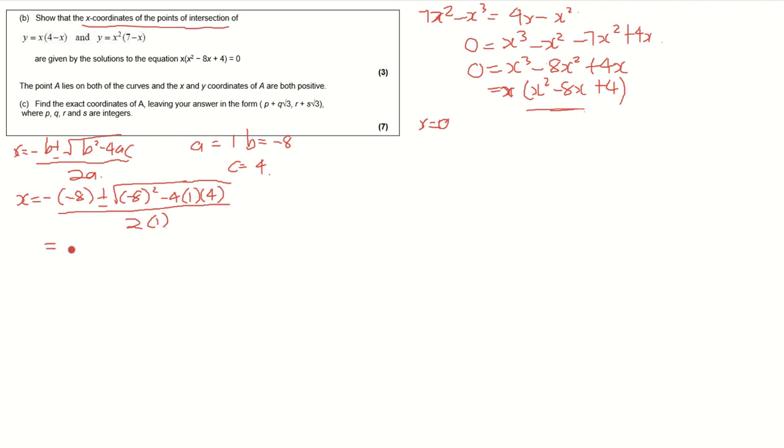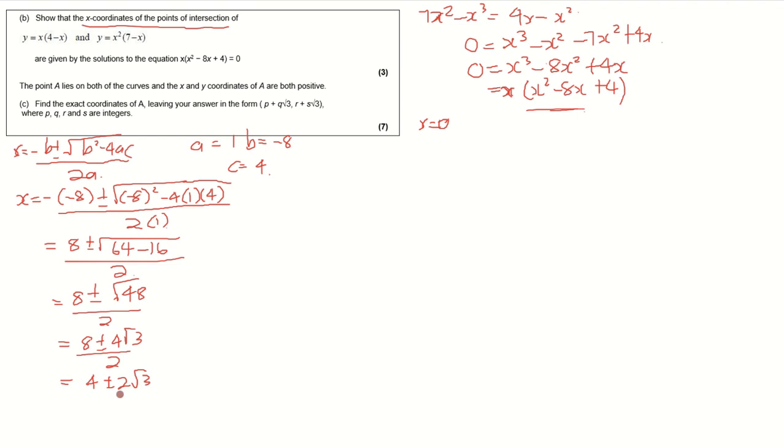So this gives 8 plus or minus the square root of 64 minus 16, over 2. 64 minus 16 is 48, the square root of 48 is the square root of 16 times 3, so I can write it as 8 plus or minus 4 root 3, over 2. Let's simplify that: you get 4 plus or minus 2 root 3.